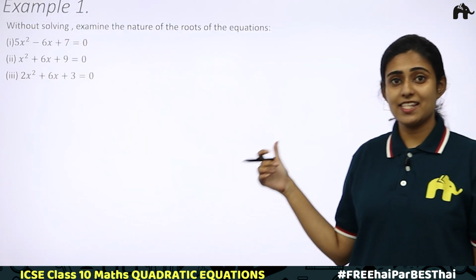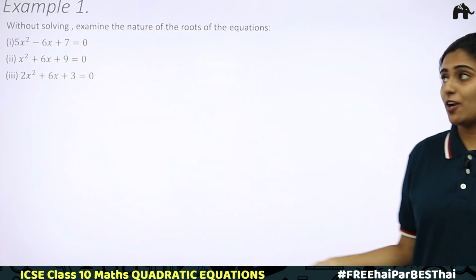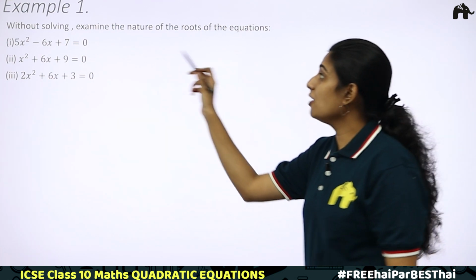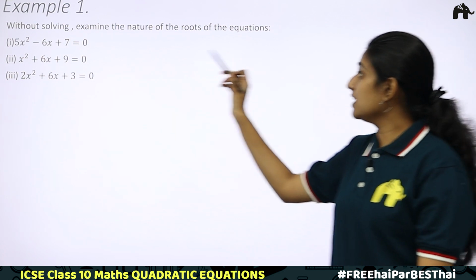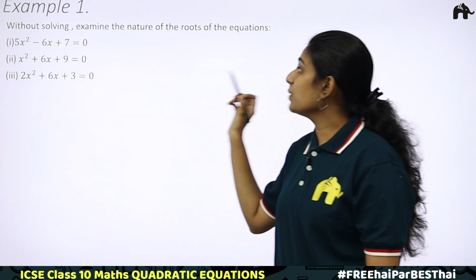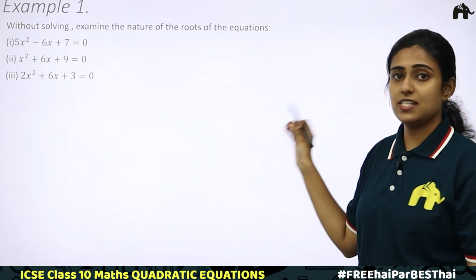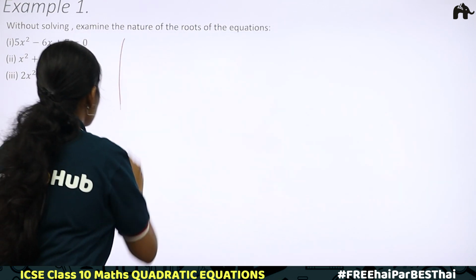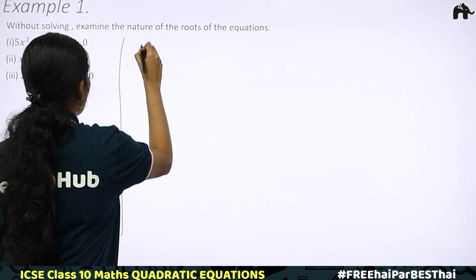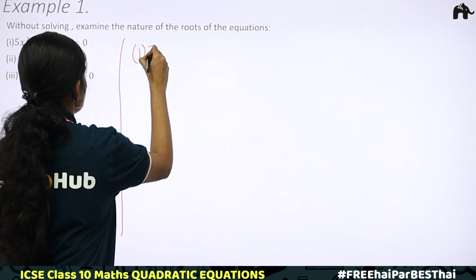Let us try an example to understand about the nature of roots. Example 1. Without solving, examine the nature of roots of the equations. The first equation is 5x square minus 6x plus 7 is equal to 0. Let's find the discriminant of this equation.